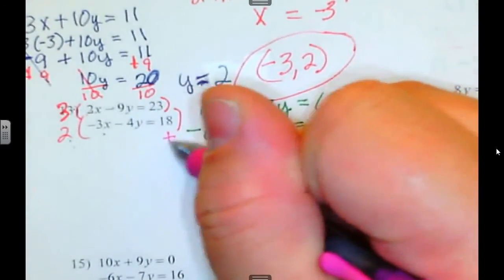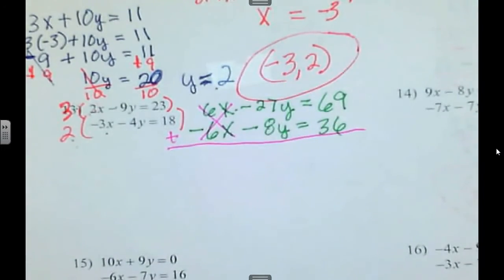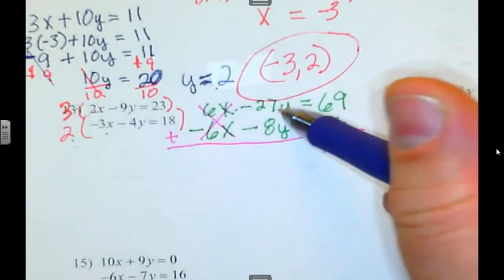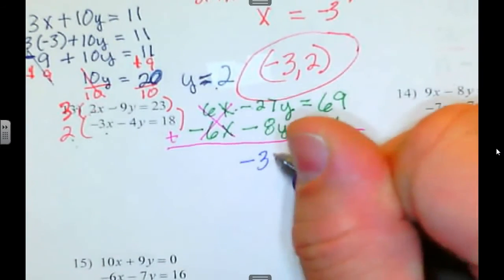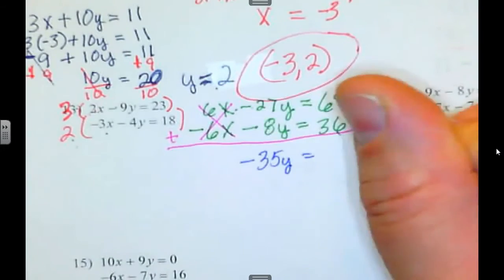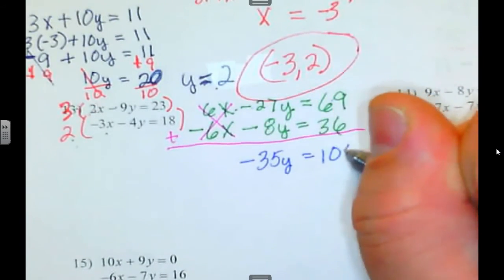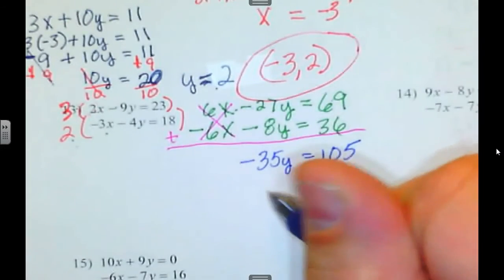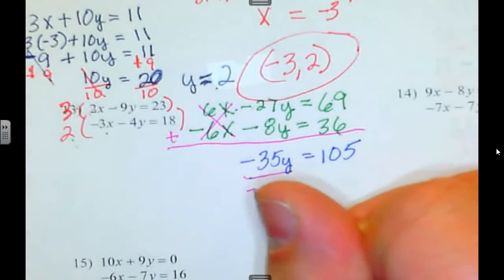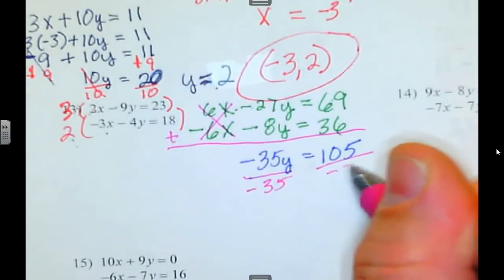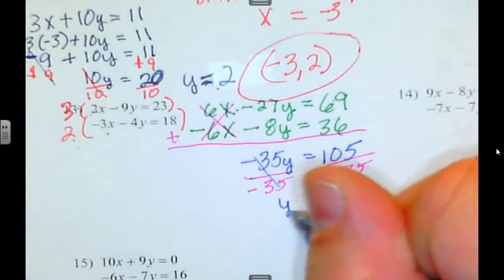Add them together. The x's eliminate. -27 plus -8 is -35y. 69 plus 36 is 105. Divide both sides by -35. And y is going to equal -3.